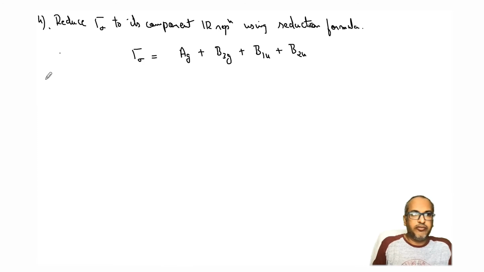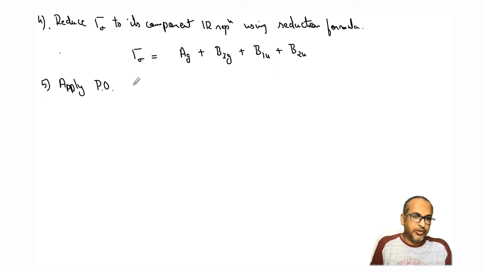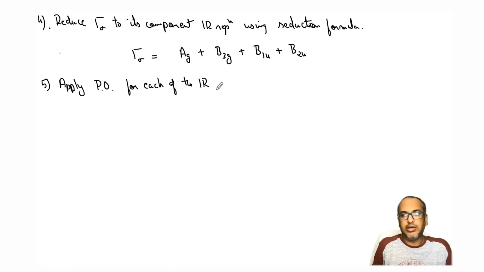So now the 5th step is to apply the projection operator. The aim is to find the linear combinations which have these 4 symmetries, right? So apply the projection operator for each of the irreducible representations obtained in step 4.